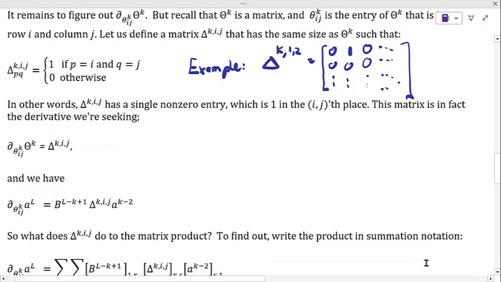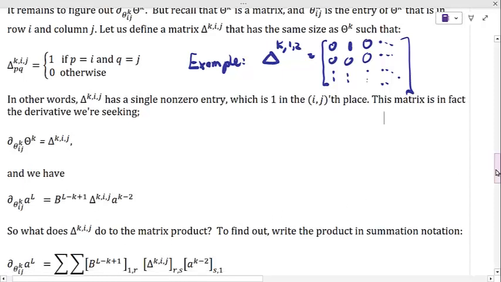So I can simply put that in for my derivative, and I get my almost final expression. But we can simplify this, because this might be a big matrix, but it only has one entry that's non-zero. So what does this matrix do to the matrix product?